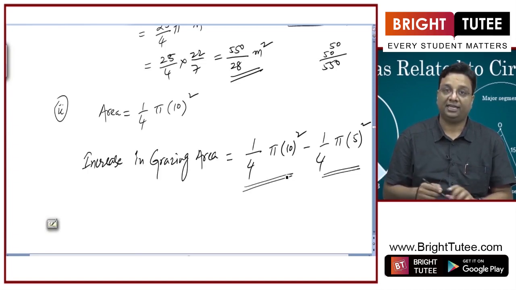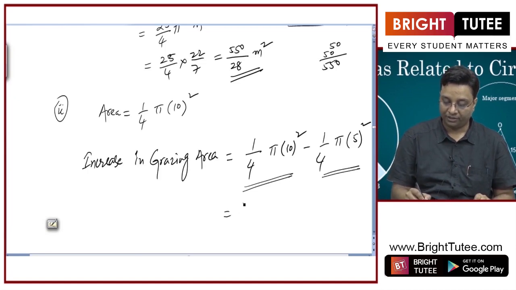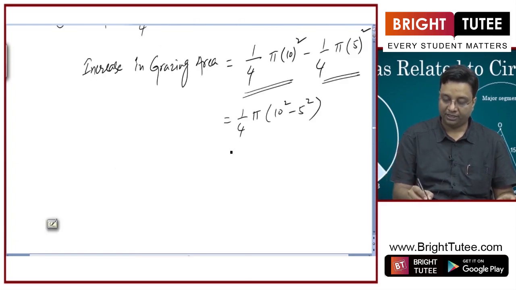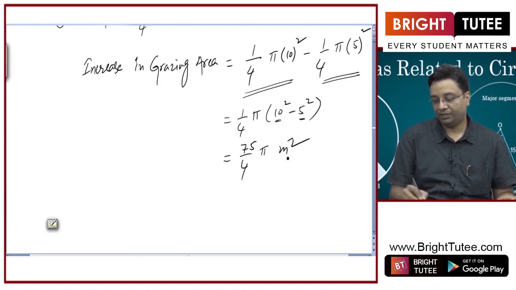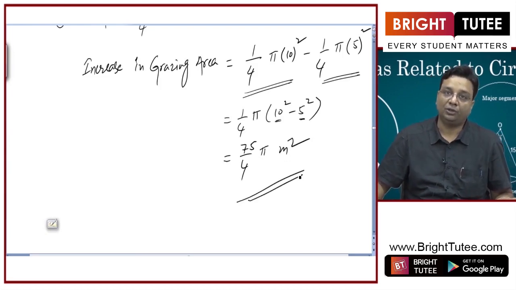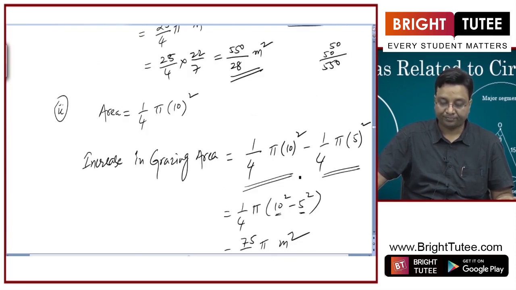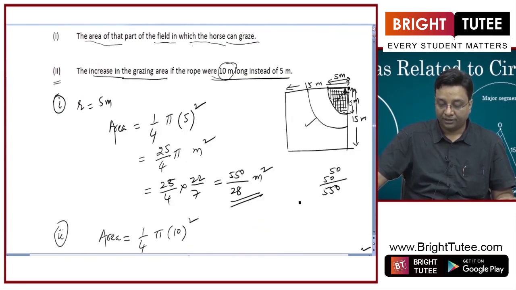This area is as per the 10 meter length of the rope, and this is the difference. So 1/4 pi 10 square minus 5 square, which can be written as 1/4 pi, this is 100, this is 25, so it is 75, so I can write it as 75/4 pi meter square. This is the overall increase in the grazing area, right.